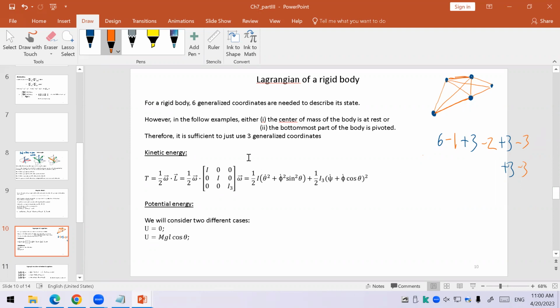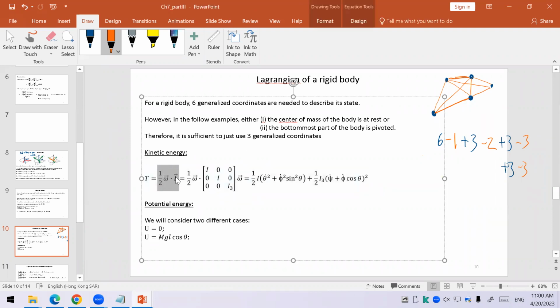Okay, so now let's find the Lagrangian. For the kinetic energy, in part 1 of the chapter, I already found this general expression, right? So it's 1/2 omega dot L. And remember this L is the I omega.